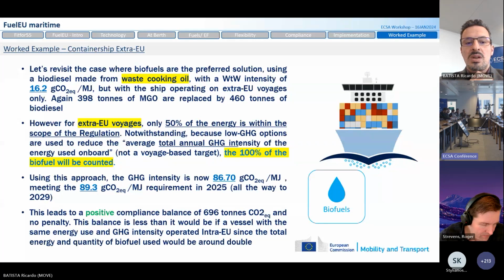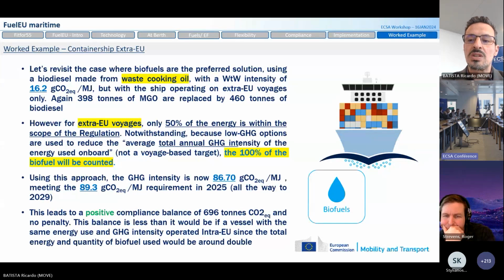Using this approach, the greenhouse gas intensity is reduced significantly, and this leads to a dramatic increase of the compliance balance. But this is in effect the recognition that the ship was using renewable and low carbon fuels well beyond the scope of what is under the FuelEU regulation. So by using renewable and low carbon fuels in the whole international leg, you end up getting a credit in the FuelEU compliance, and this is recognition that you were using them throughout the whole international voyage.